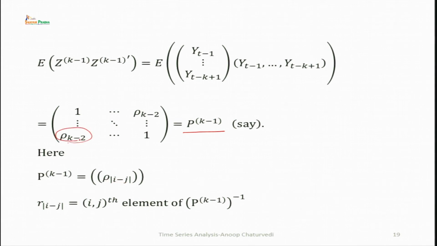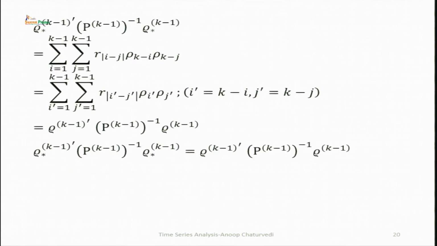This element is for i equal to k minus 1 and j equal to 1. Now suppose r of mod i minus j denotes the ij-th element of the inverse of this matrix, P_{k-1} inverse.